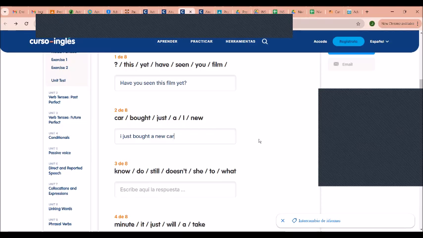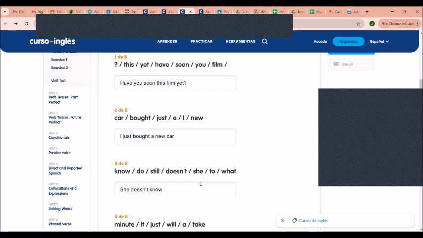So here we have doesn't, which is helping another verb. What is the principal verb in this sentence? She doesn't know.